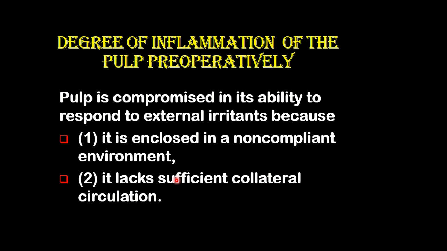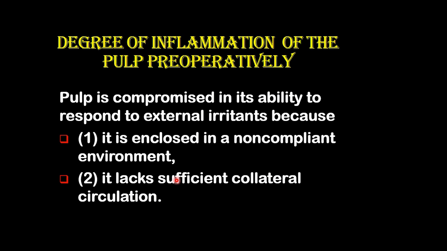So in this case, the nutrition for the tissue is almost entirely supplied via the vessels traversing the narrow apical foramen. So in recognition of this concept, whenever there is any trauma to the pulp, there may be an increase in the tissue pressure that will cause vasodilation resulting in plasma exudation, and blood vessel compression which will lead to ischemia and thus cause pulp necrosis.